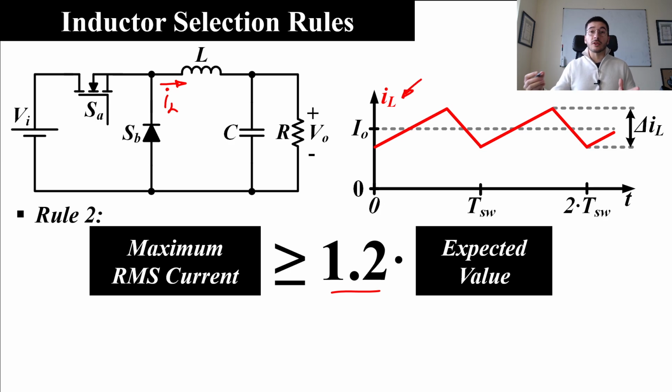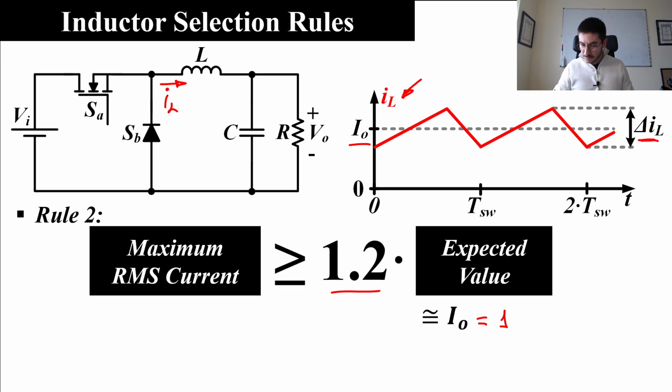Well, we are going to do a simplification that is not very important. We are going to consider that this inductor current ripple is negligible in comparison to the average value, which is quite true if we consider our specifications. And in this way, the RMS value that we have in our circuit is the output current.